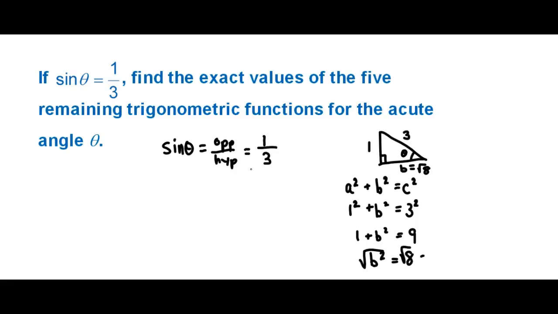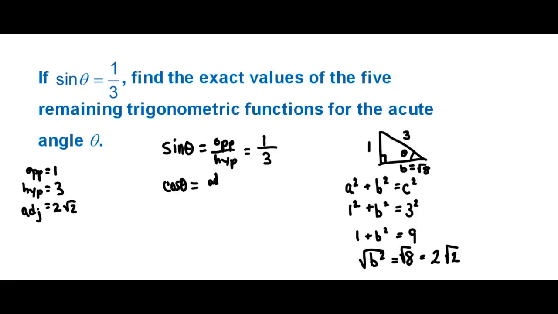Another way we could write that is 2 square roots of 2. So that means we know my opposite is 1, my hypotenuse is 3, and my adjacent side is 2 square roots of 2.